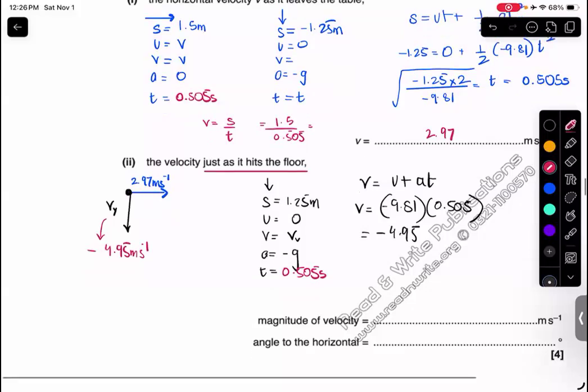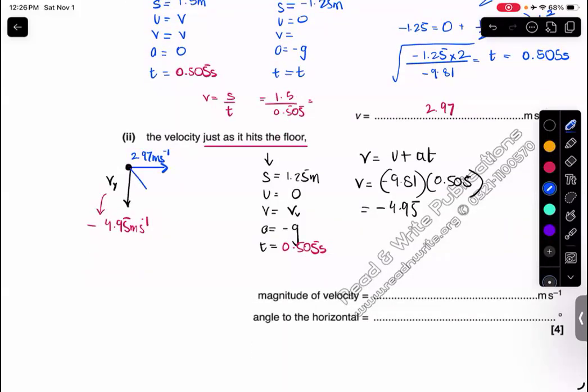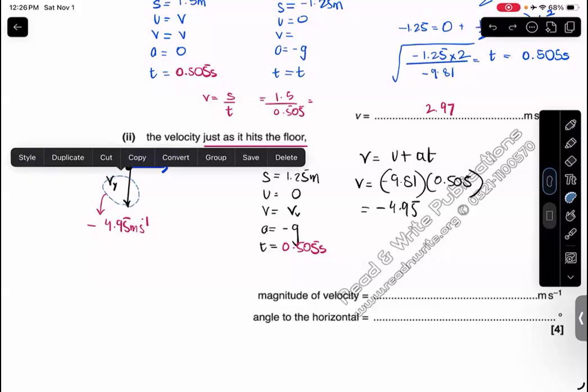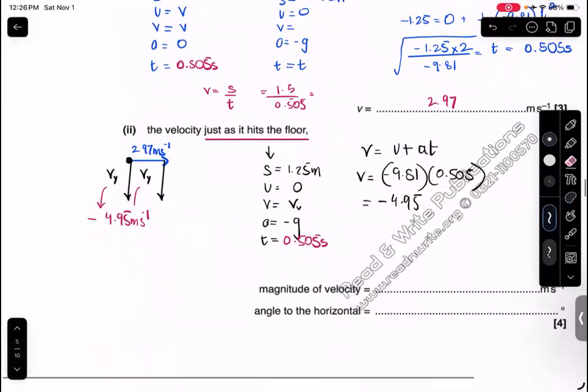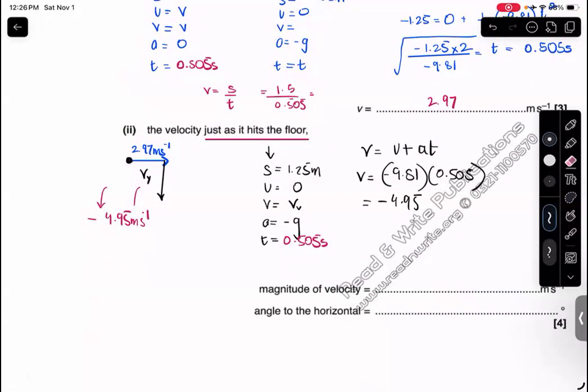Now, can I use Pythagoras to find out the resultant velocity? If you join these vectors head to tail, if this is Vy, then when you join this head to this tail, this is going to give me the resultant vector. This was minus 4.95.